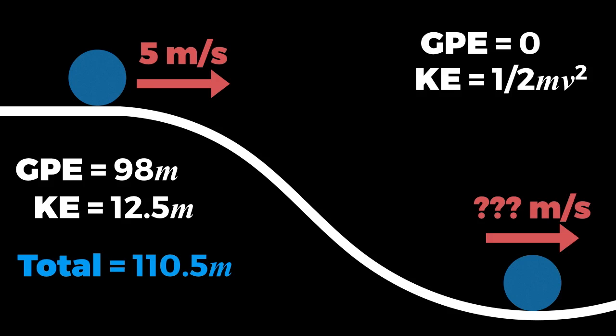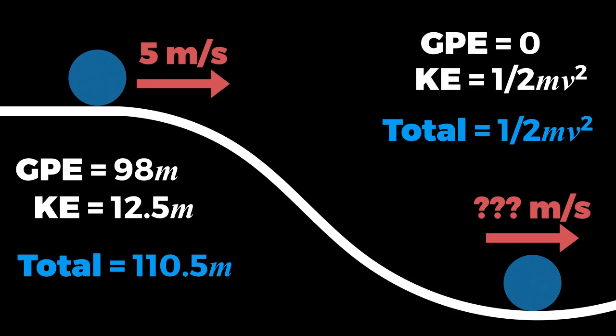We know the kinetic energy is equal to 1/2 times mv squared. We don't know the mass of the object because it wasn't given to us in the problem, and we don't know the velocity of the object since it's what we're trying to find out. So we're going to have to just leave kinetic energy as it is with both of these unknown variables. Now the total of gravitational potential energy and kinetic energy of the object after it rolled down the hill is going to be equal to 1/2 mv squared.